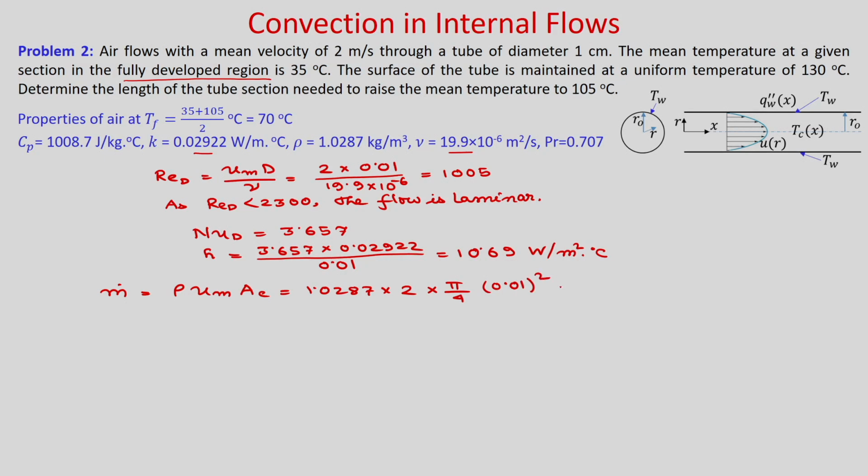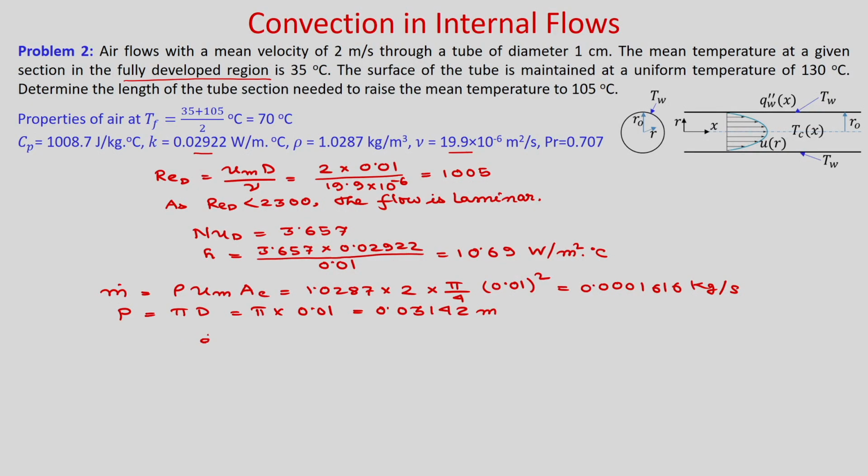If you calculate this, you will get 0.001616 kg per second. And the perimeter is pi d, so it will be pi into 0.01, which is equal to 0.03142 meter.